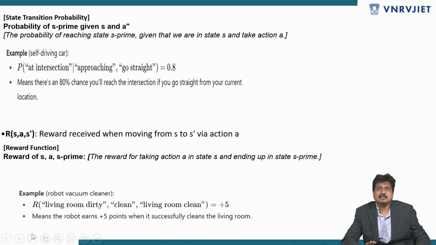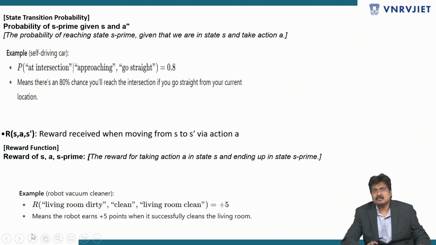It indicates that if you go straight, you will reach an intersection, a junction. So there is an 80% chance you will reach the intersection if you go straight from your current location.